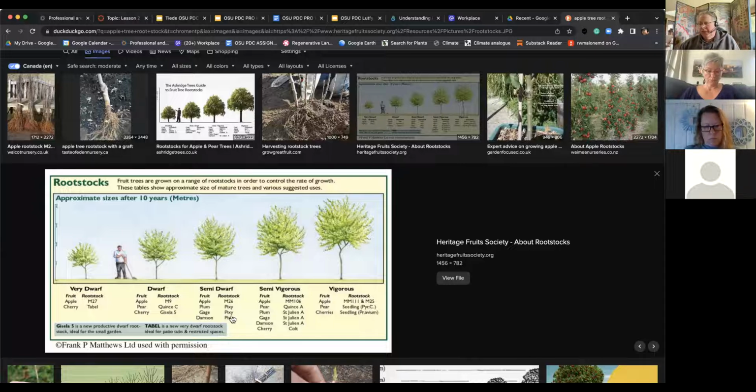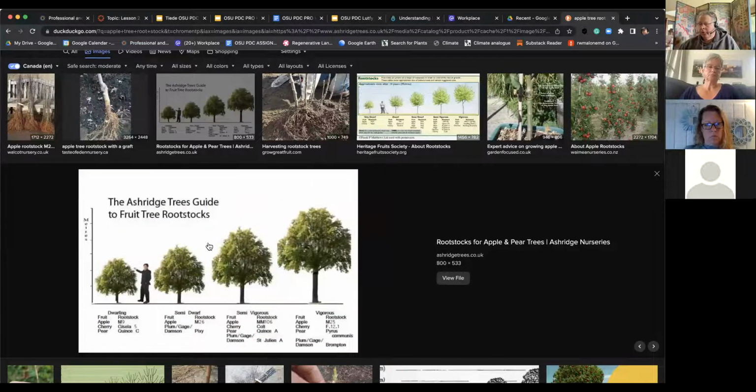As you can see, if you wanted your trees to be just over head height, you'd want a dwarf stock, and you'd look for dwarf rootstocks that work in your area. Here's another example: semi-dwarf. Often vigorous is called standard. I think I have M25 on a few of mine, but M26 would have been perfect.